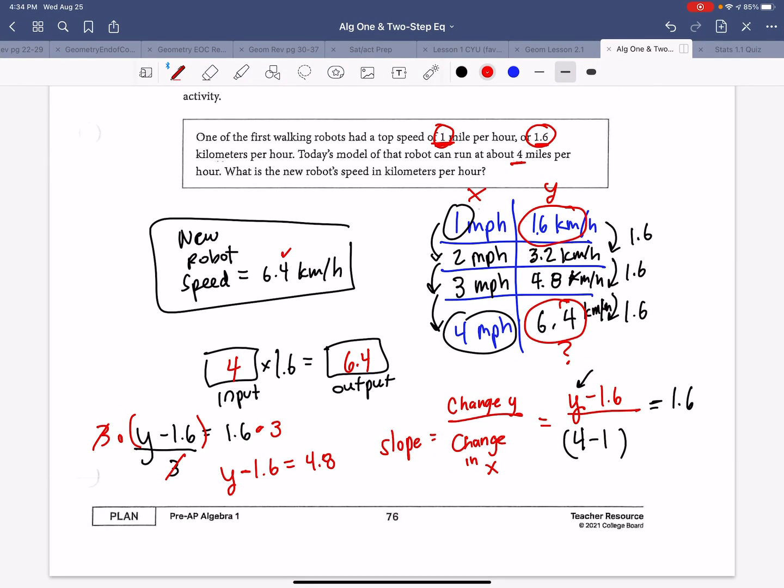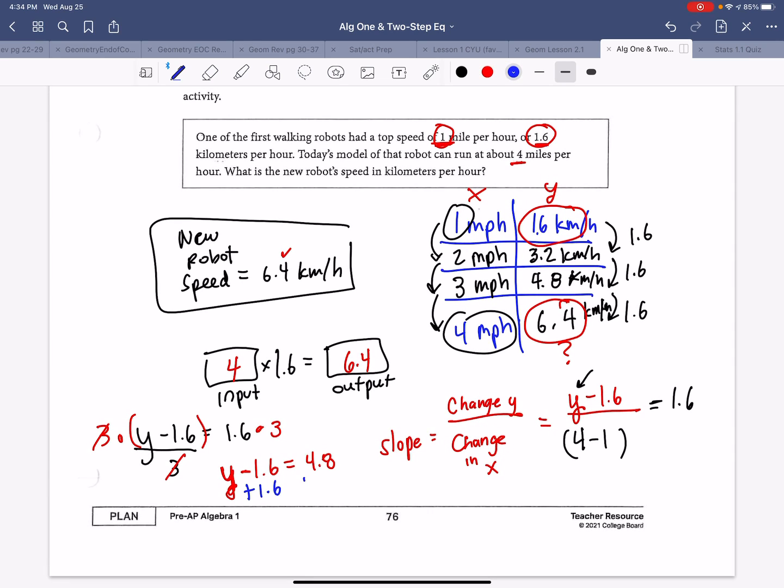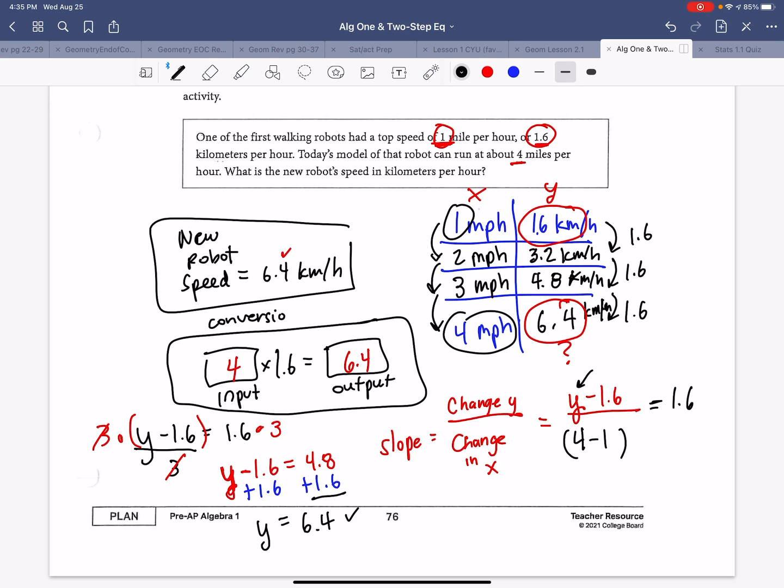Now I want to know what this y value is, right? So if I added 1.6 on both sides, I get y is equal to these added together. Same answer. Okay, so I can use slope, I could use a table, or I could use this conversion chart that we made in class.